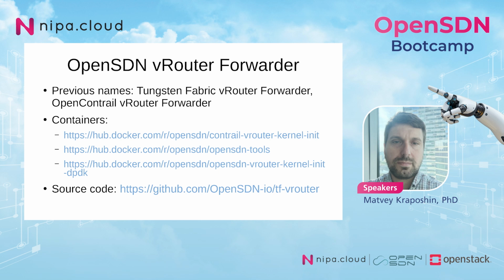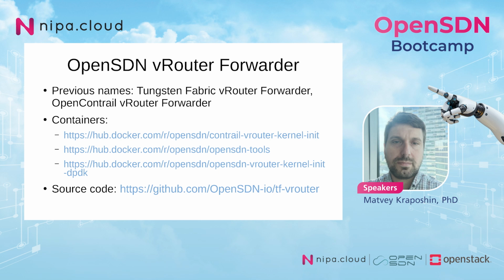We use the following containers to install and work with the OpenSDN vRouter forwarder. There is a container called Contrail vRouter kernel init, or OpenSDN vRouter kernel init. This container contains code which loads the vRouter forwarder into memory.